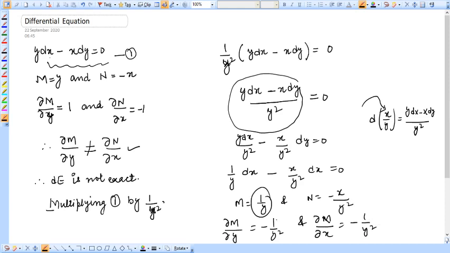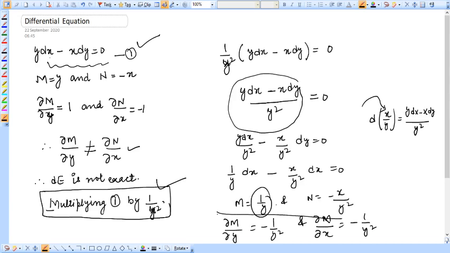So see, we have made this equation exact by multiplying this equation with a factor 1 over y square. That's why this equation became exact.